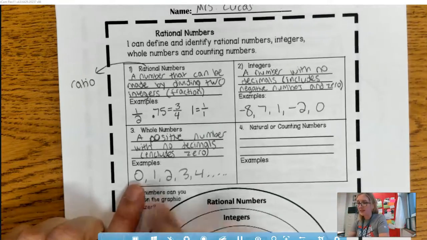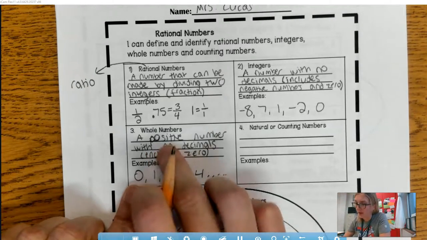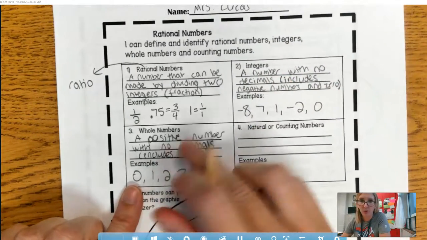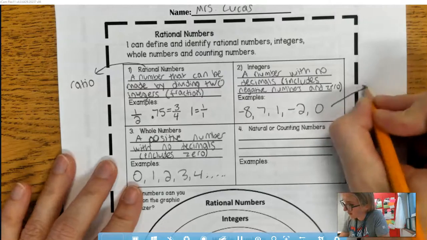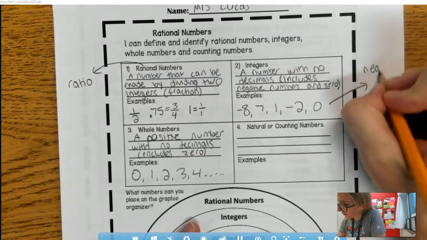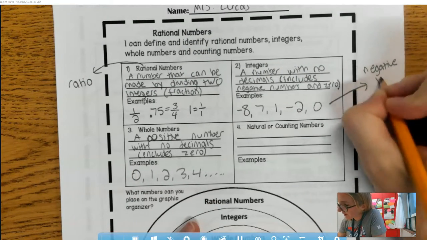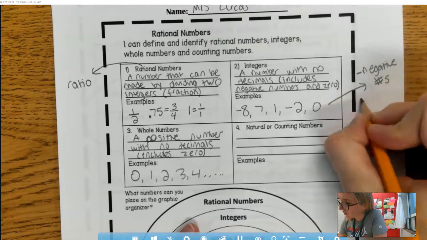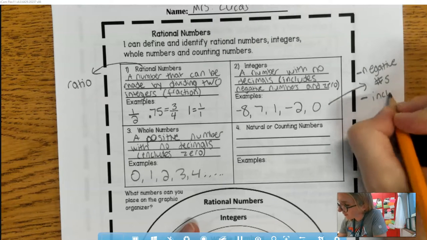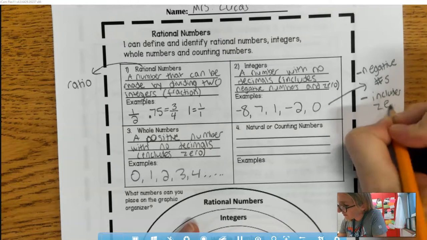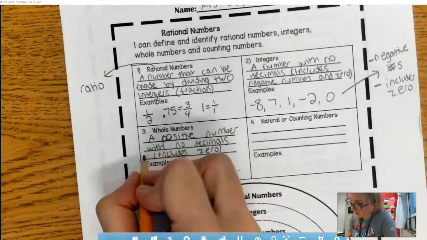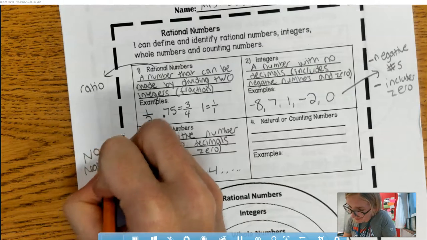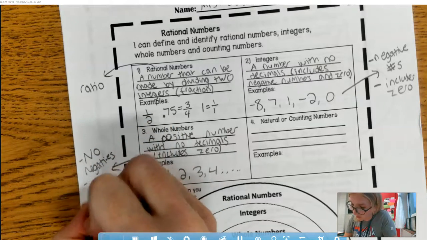It does not include negative numbers. It's positive. So integers include negative numbers. Whole numbers do not. Let me write that really big here. Integers include negative numbers. I'm going to use the hashtag sign for numbers because that's what it used to be for. And they also include 0. Now whole numbers: no negatives, but it does include 0.